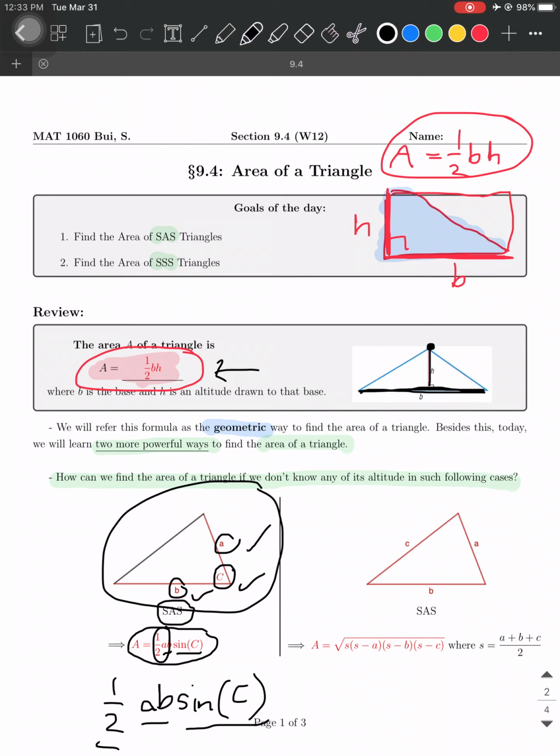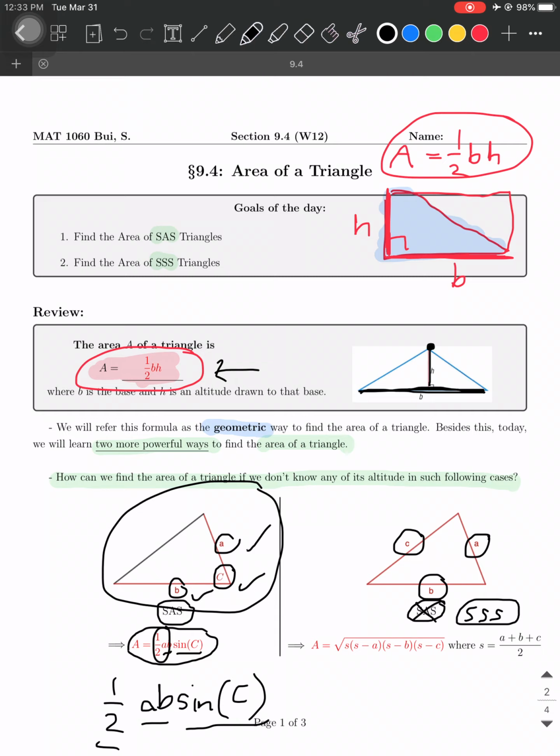Another case we're going to learn about today is the case of SSS. This one is a typo. I'm going to fix it, but ignore it for now. It's just SSS, okay? In this case, the problem will give us all the measures of the three sides. So we know little a, little b, and little c, and we have to find the area of the triangle, okay?